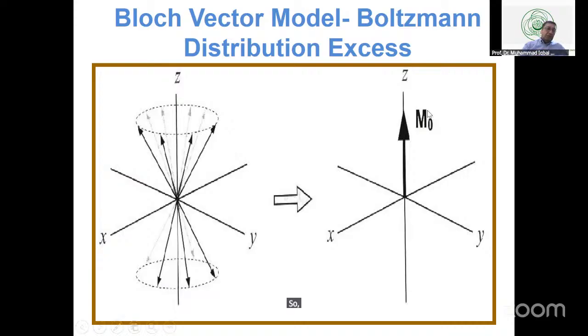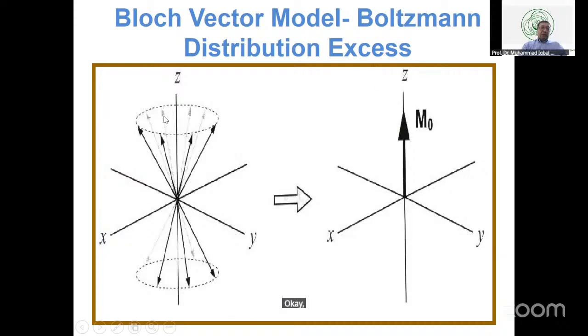So let me explain to you again the difference between the low energy state, this is the B naught direction, and the high energy state, which is a little tiny. Vectors are canceling each other, and only the net difference is represented by a bulk magnetization vector.